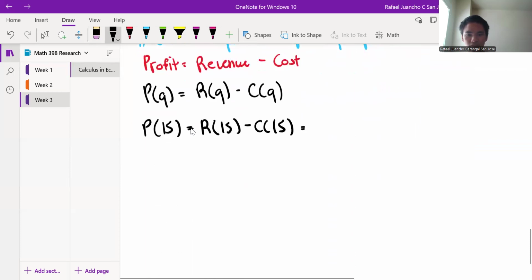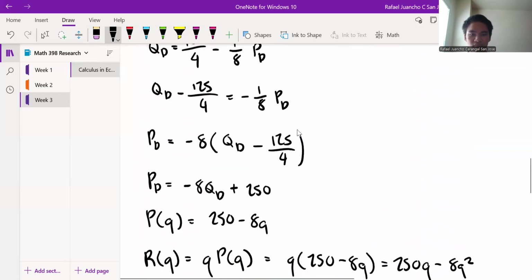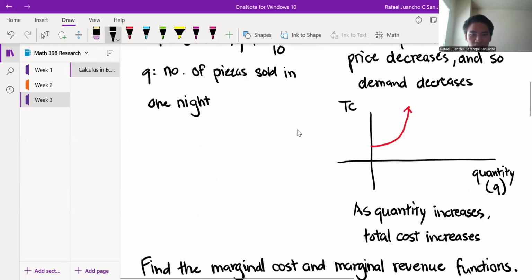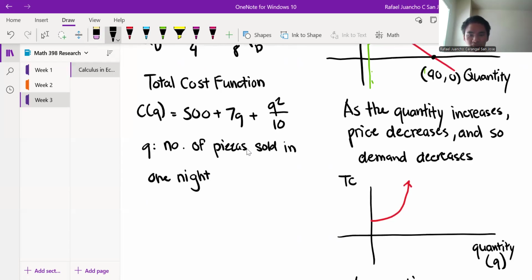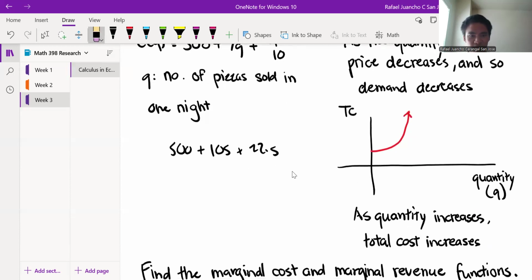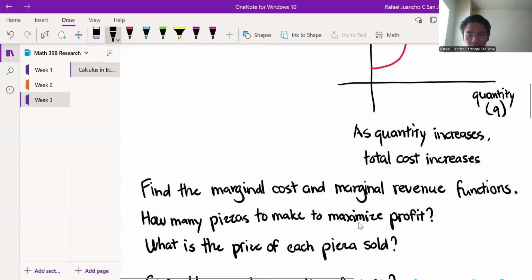So this is 1950. I subtracted to my cost, and my cost is this. So now I plug in all the stuff I need here. So this is 500 plus 7 times 15. I get 105 plus 15 squared, 225 over 10. I get 22.5. If I add them up, I get 627.5. And I just subtract that here.